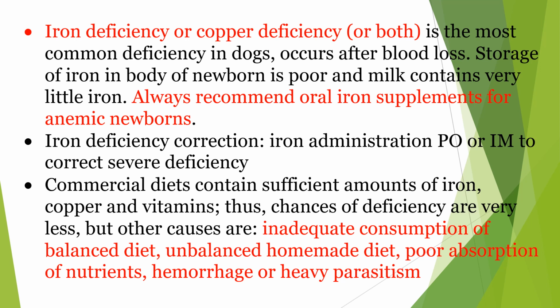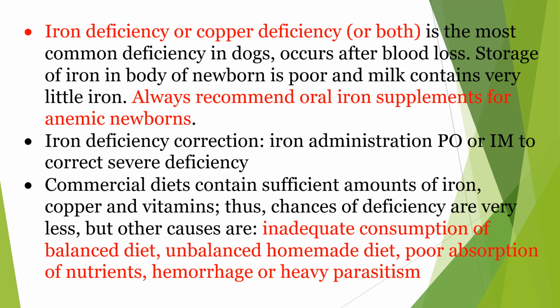No storage. And milk is a poor source of iron. So because of these two reasons, deficiency of iron occurs. So for a clinician, oral iron supplementation is always recommended for anemic newborns. And mostly newborns remain anemic.